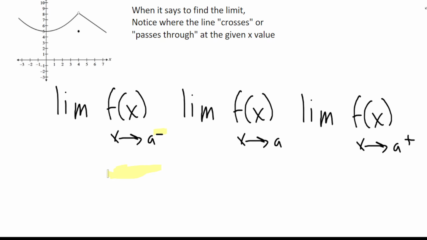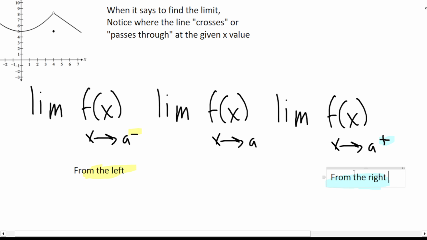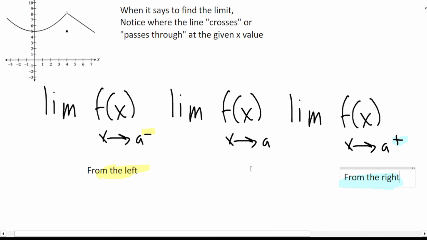Really, all you're doing is looking at the signs to the right of the number. Whenever you see a minus, this is a limit from the left-hand side. And whenever you see a positive, that means from the right-hand side.